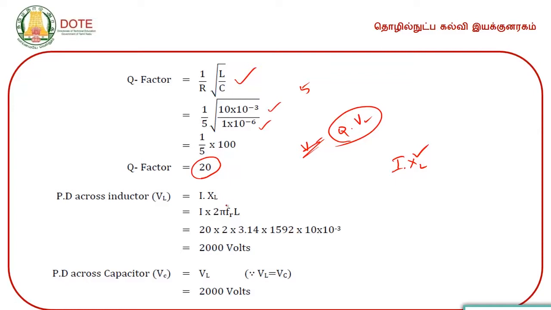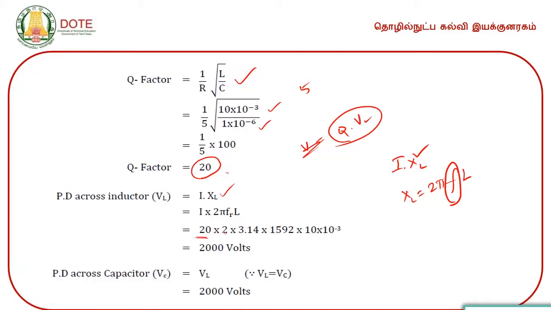XL value is not given straight away, so we need to find the value of XL, which is equal to 2 pi f into L, where f is the frequency of the alternating signal. I value we have already found in the previous slide, its value is 20.